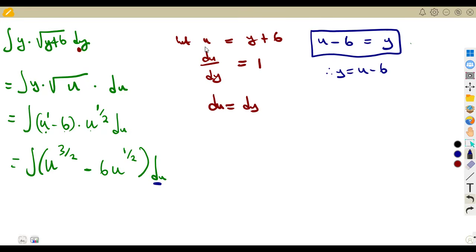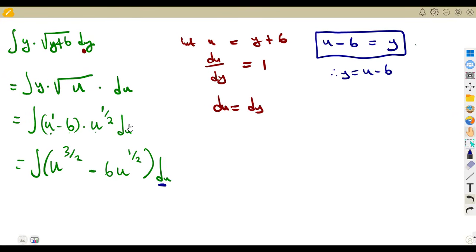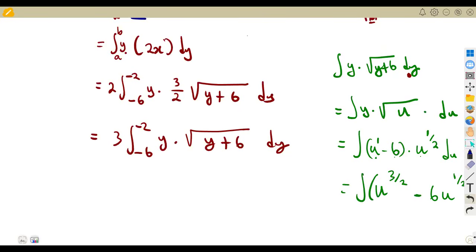Remember, we said u is equal to y plus 6. So we can take the limits that we had before for y. Before here, we had the limits for y, where y is at negative 2. We have to substitute because these were limits for y.